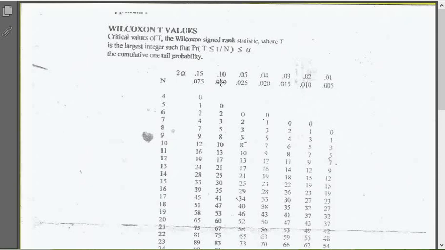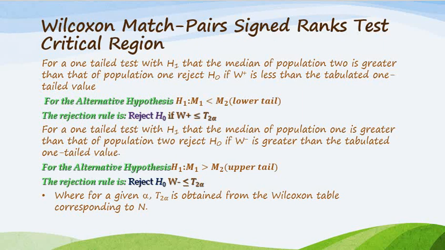So for n equal to 10, T2 alpha is 8 and T alpha is 10. Likewise, we can take the values corresponding to the given n.